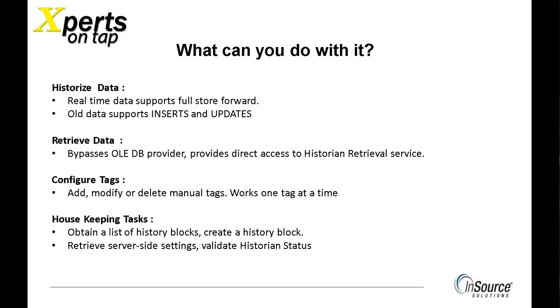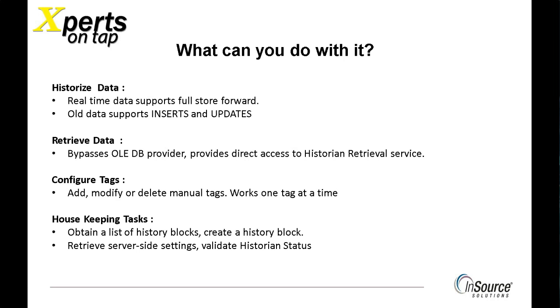The results of any retrieval request can be returned to a client as a collection or one row at a time. Since all tag properties are available to an SDK client, you can add, modify, or delete manual tags. However, tags that were generated by application server can't be deleted by the SDK, and only a single tag can be modified at a time.